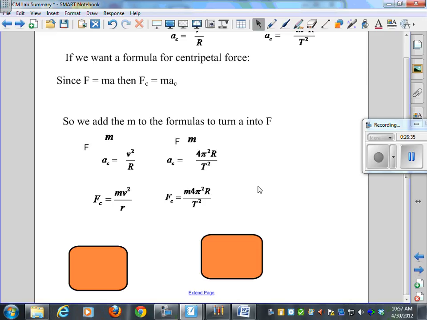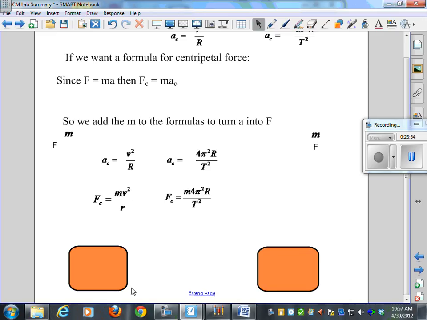Ignore these, I just use those for demonstration purposes. So these are my formulas for acceleration. To turn them into force ones, I just multiply by m, mass. Plug an m in there.